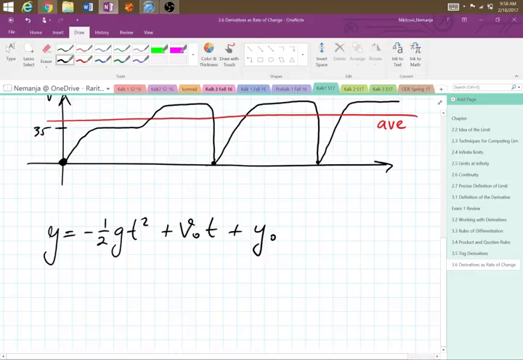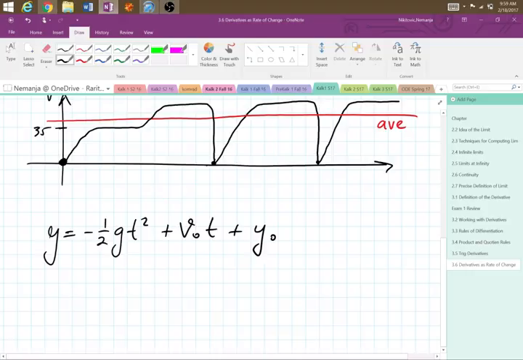So let's take a look one more time. Now observe. Is it going to be the same if I throw it from here or from here? Clearly not, right? This one should go further. Well, that's this part of the equation, which is the initial height from which you throw the object.